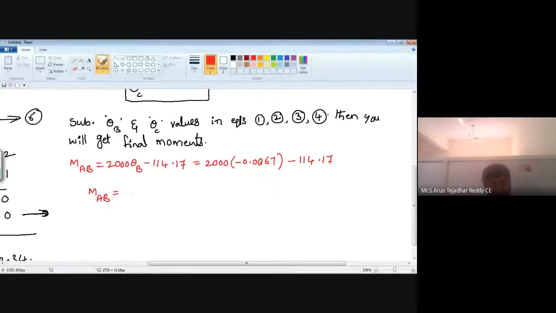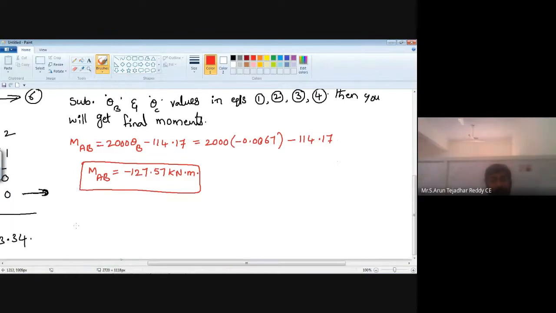After entering these values in your calculators, the value of MAB is 127.57 kilonewton meter. Okay, this is MAB.